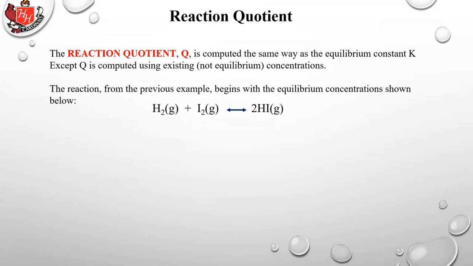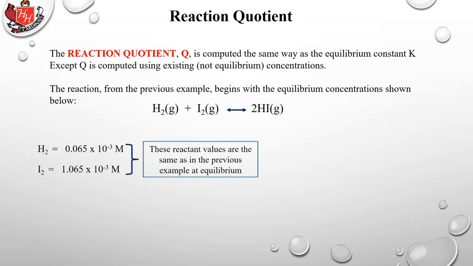So the reaction quotient is computed the same way as the equilibrium constant K, except Q is computed using the existing, not equilibrium concentrations. So the reaction from the previous example in the previous lesson, we had a concentration of H2 and a concentration of I2. So those are the same as we had earlier. You don't have to go back to that example.